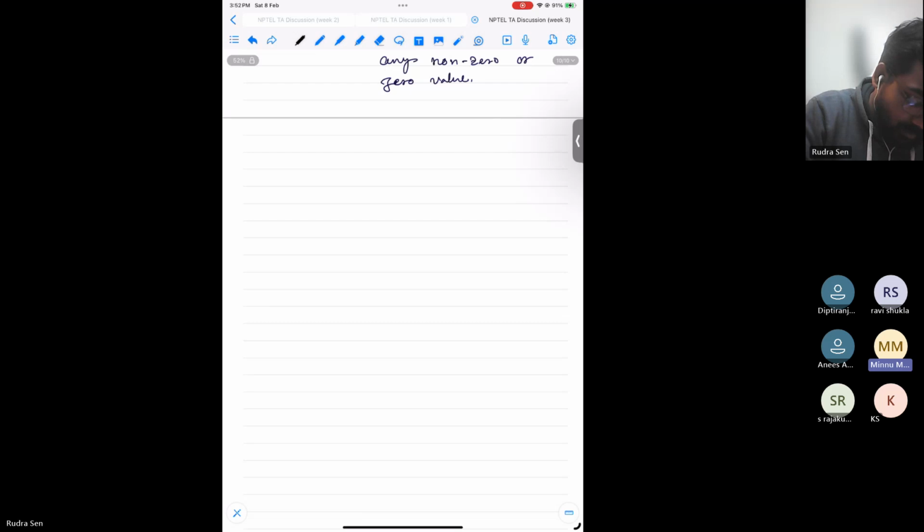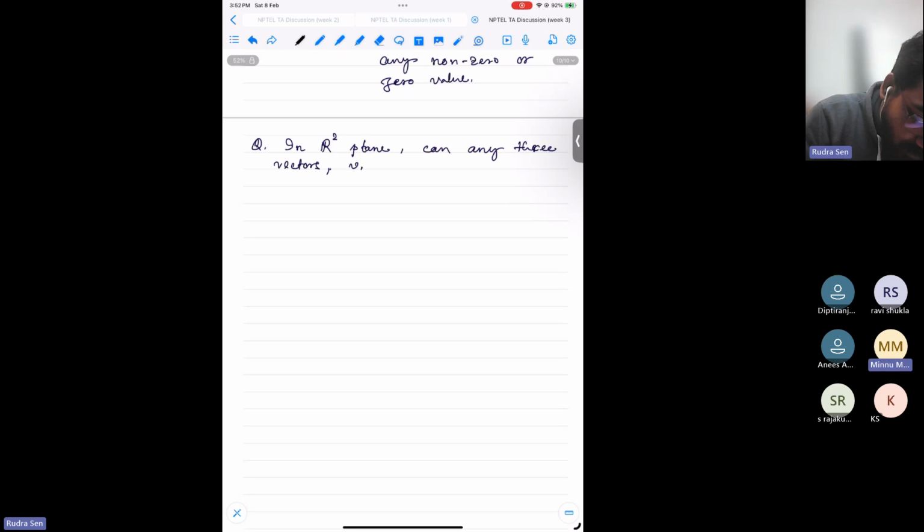So now the next question is, in R2 plane, can any three vectors, let's say v1 is AB, v2 is CD, and v3 is EF, be independent?